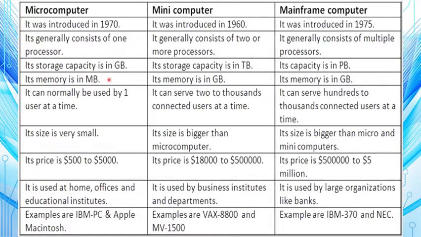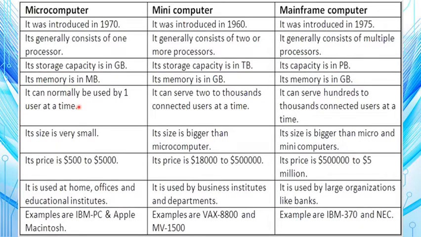Micro is having in gigabyte, mini is having in terabyte, and mainframe is having in petabyte. For RAM, micro is in MB, mini is in GB, and mainframe is also having in GB or sometimes more.